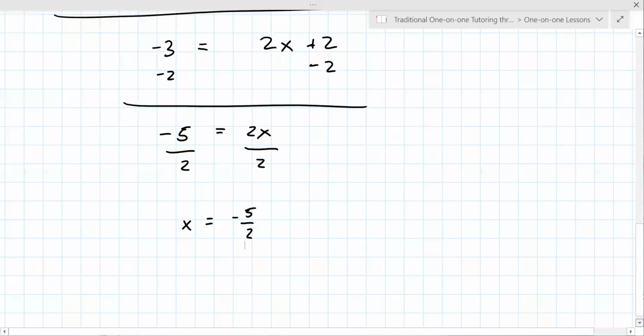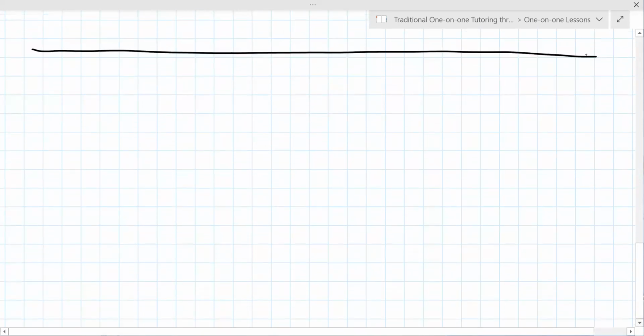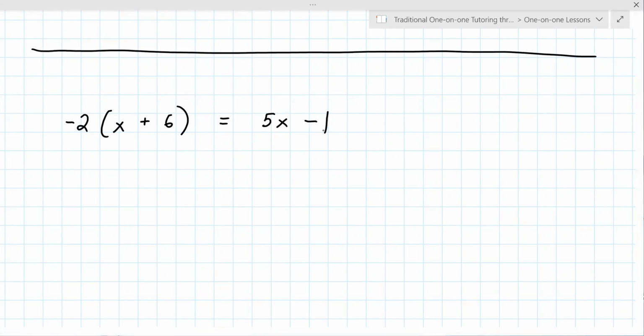Okay, let's look at another one here. Let's go negative 2 times (x plus 6) equals 5x minus 1. So you distribute the negative 2 to the x and the 6 this time.